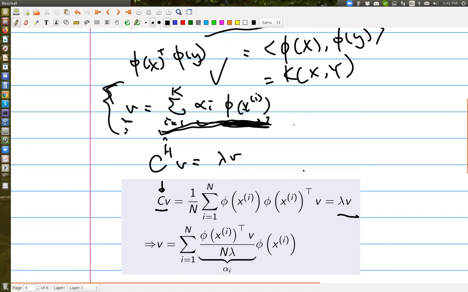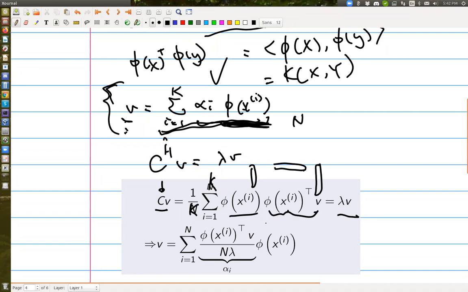I have N data points here instead of K, so maybe I can put a K here. And this is my C, or CH earlier. Note that this is a column vector, this is a row vector, and V is also a column vector. So therefore, this is actually a scalar.